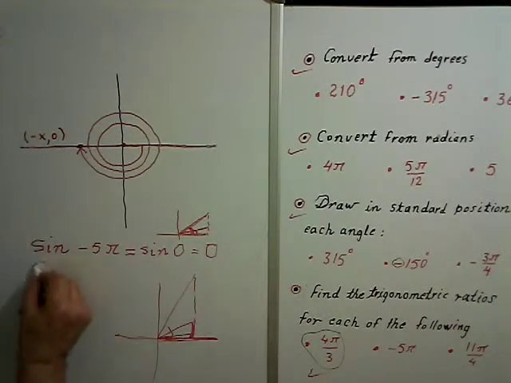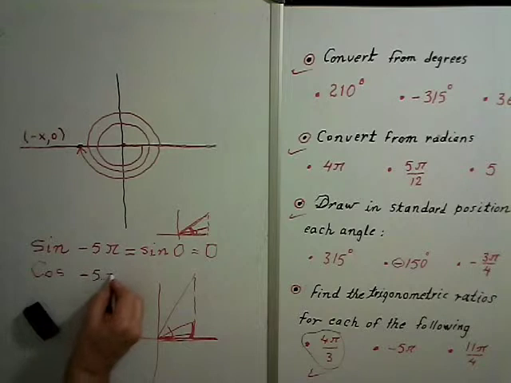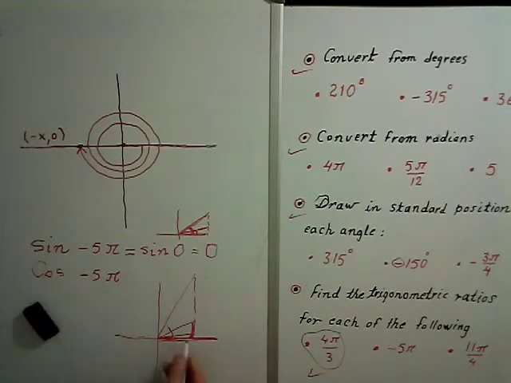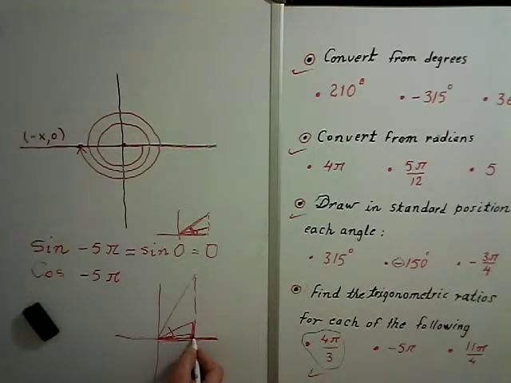Cosine for this angle also refers to this figure. When the angle becomes very small, the opposite becomes like 0. What about the adjacent?